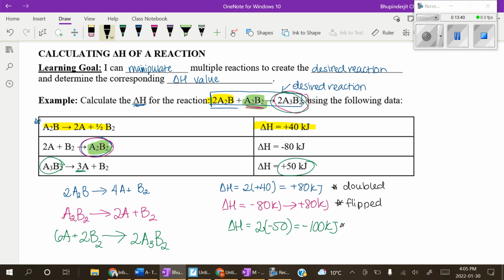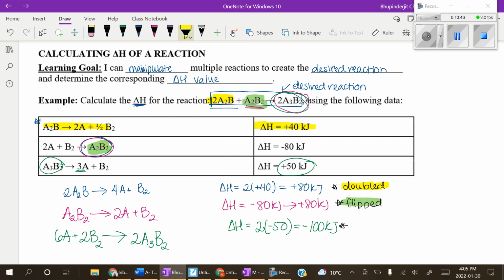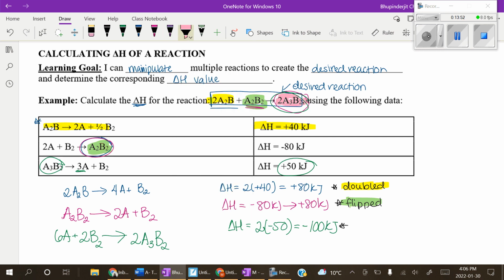And the last reaction, I'm just going to take that in green, take this in yellow. The last reaction, let's grab another color here, how about pink? The last reaction was flipped and doubled, or multiplied by 2.